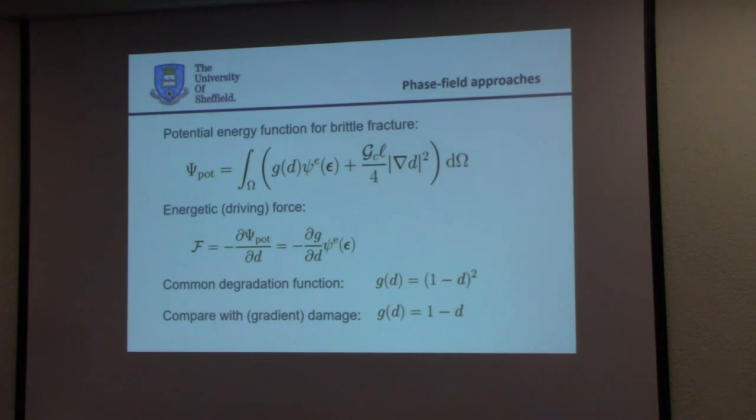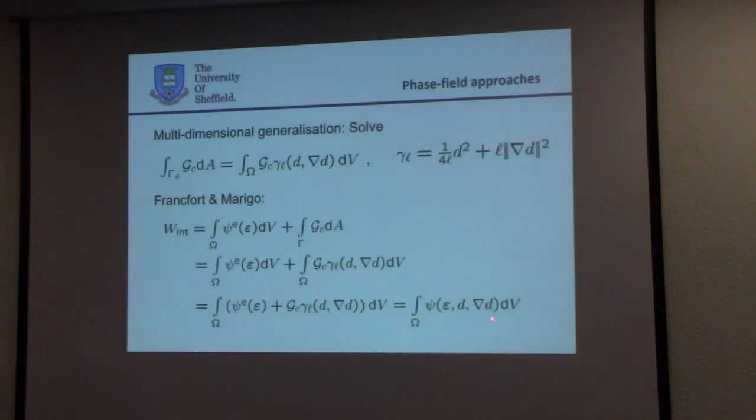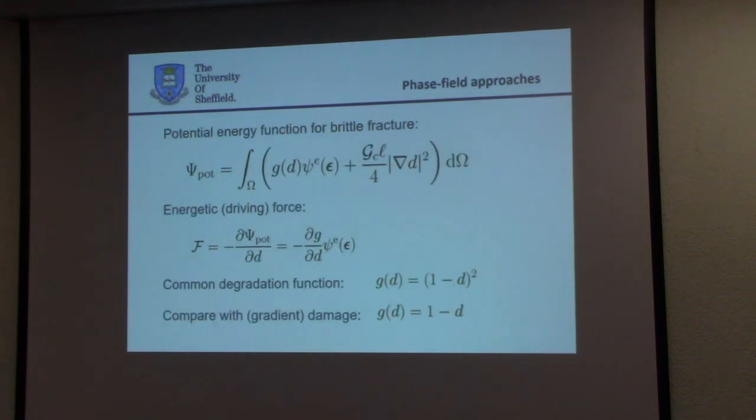So, for the case of brittle fracture, we have a potential energy, which is the part stored in the body, and the part dissipated in the crack. Now you have to do one more thing. It's a bit of a trick.